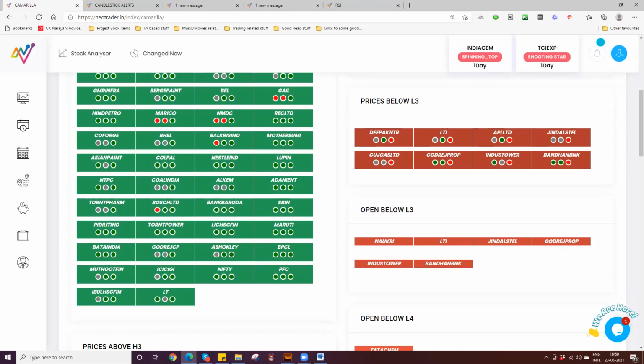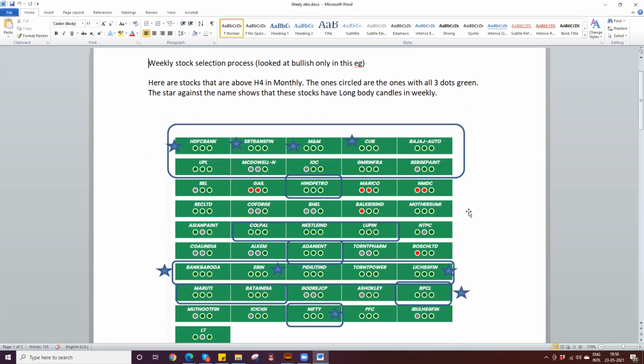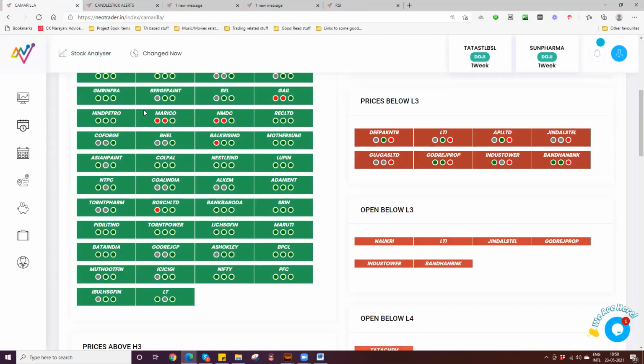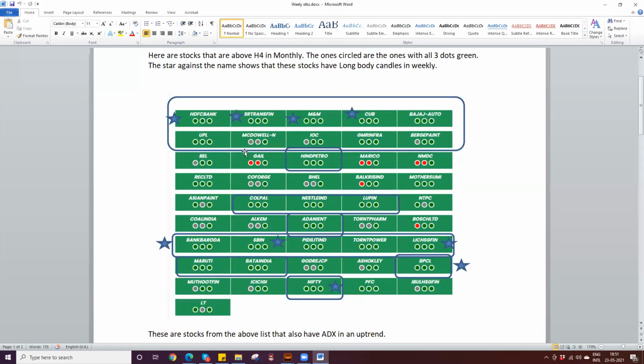Now in your document, which has been sent across to you, if you open the document, this is the same shot that you are getting from the NeoTrader screen, right? These are the names, and these names I have simply cut and pasted here. Now you have all of these stocks which are strong, that is above H4 on monthly.